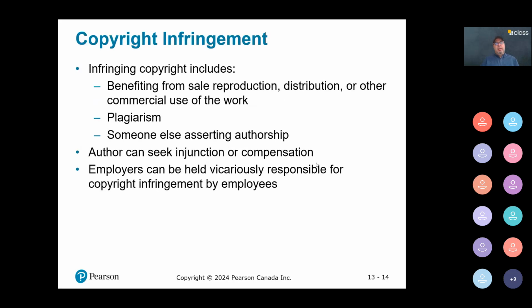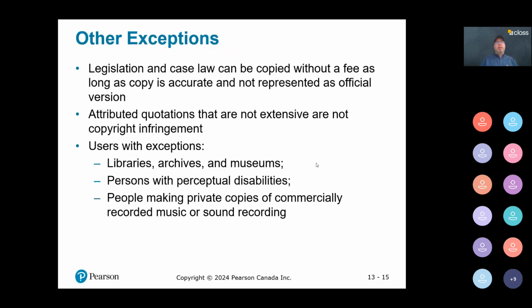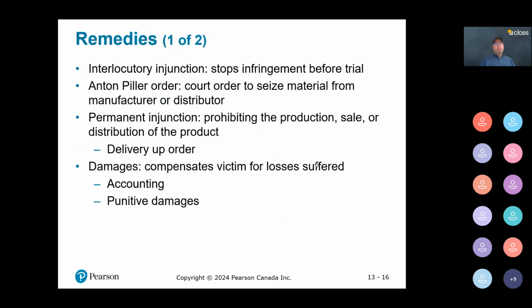Violation is when there's financial benefit without authorization, without paying the proper fees, etc. Plagiarism is also added there. And there are exceptions. The main one is fair dealing. So when we deal with copyrighted content in a fair way, we're not infringing. And there are other exceptions here.